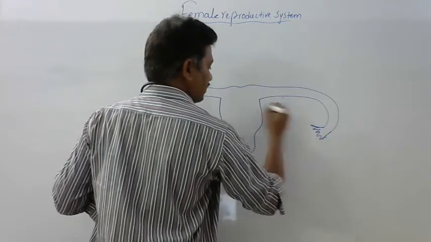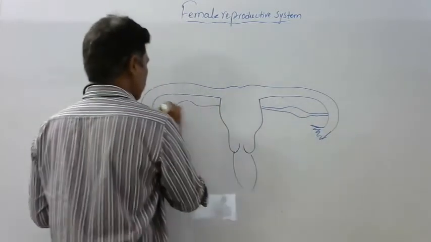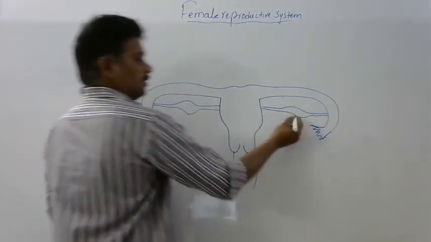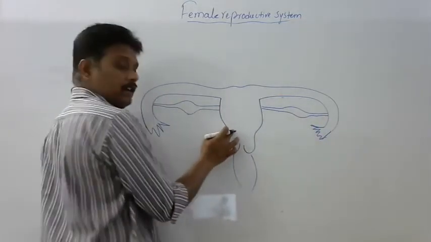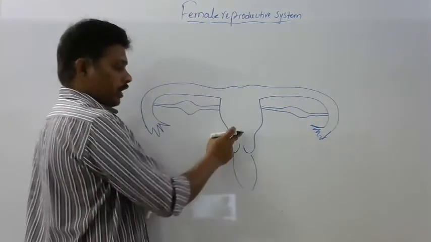Yesterday I explained the structure, today the function. Okay, these are ovaries, oviducts and uterus.